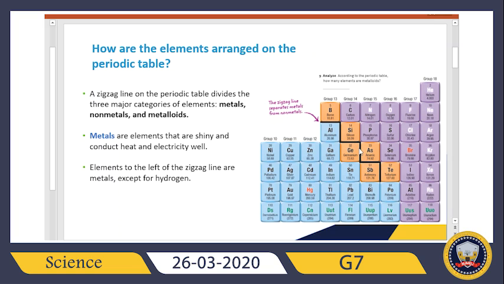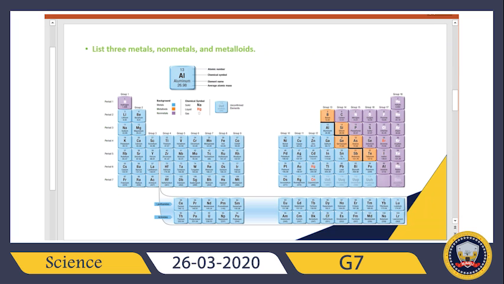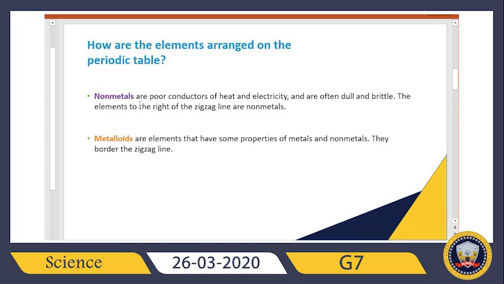You can see this zigzag line. Elements on the left of the zigzag line are considered metals, except hydrogen, which you can see here. It is on the left of the line, but it is not considered a metal. It is considered a non-metal.